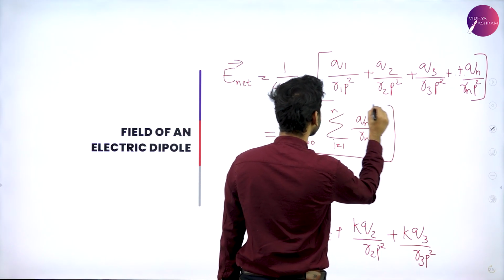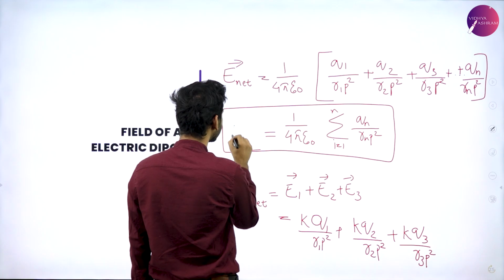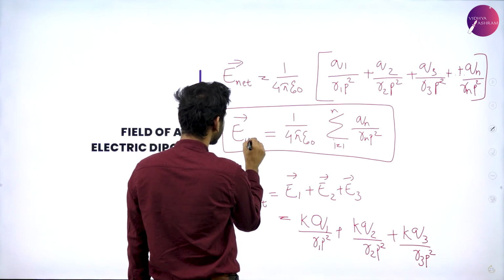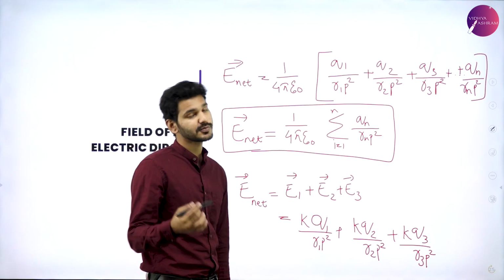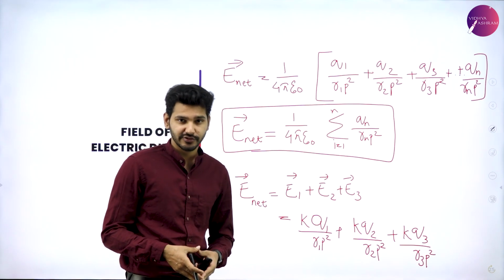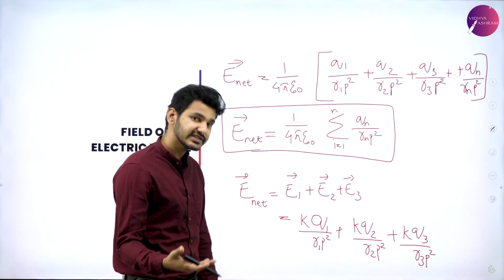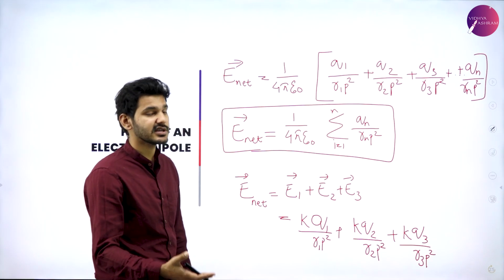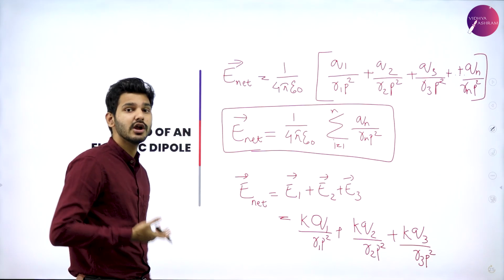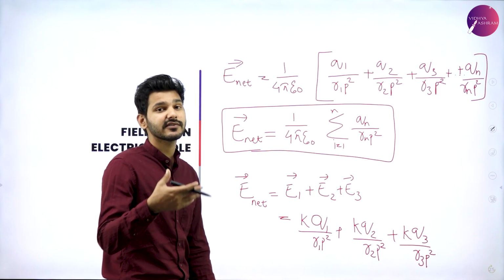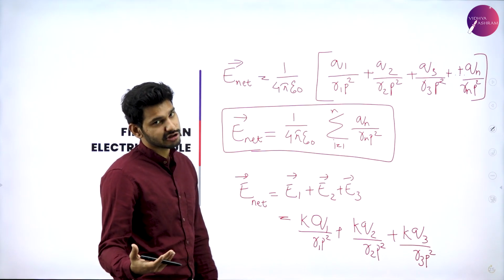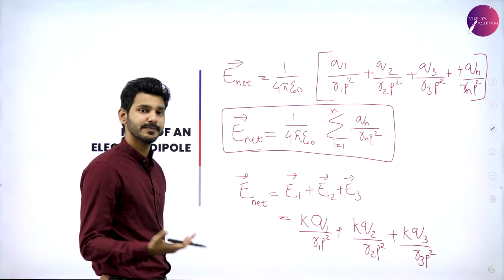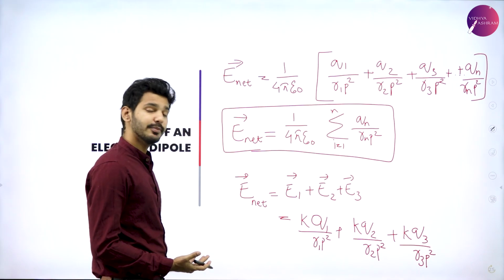So this will give the total electric field of a system, and this is found using the superposition principle. So we used it to find the total amount of force exerted by a system of charges. Now we are using the same principle to find out the total amount of electric field exerted by a system of charges at a particular region. So this is very similar to what we did in the previous class.